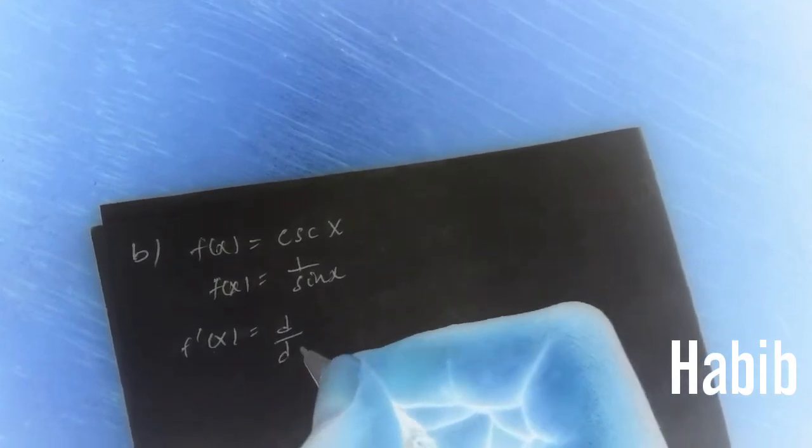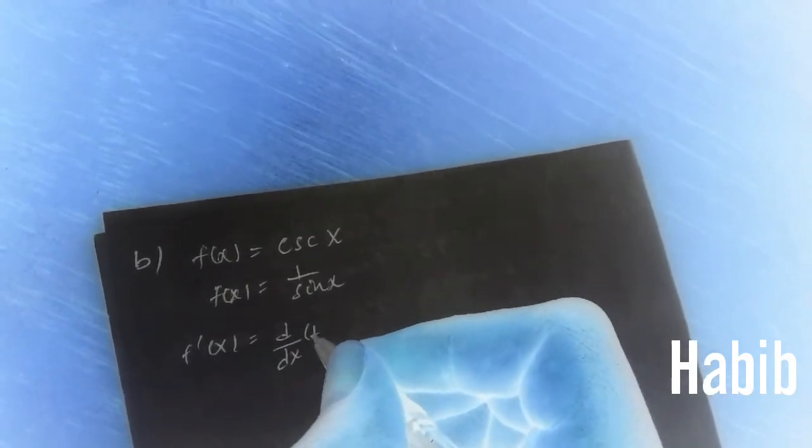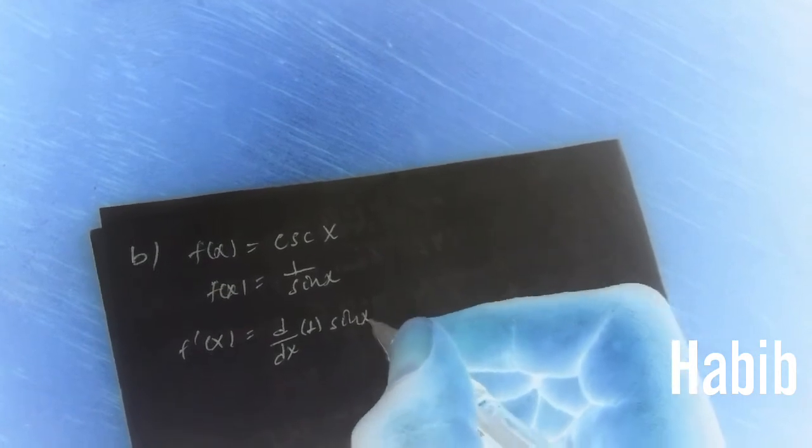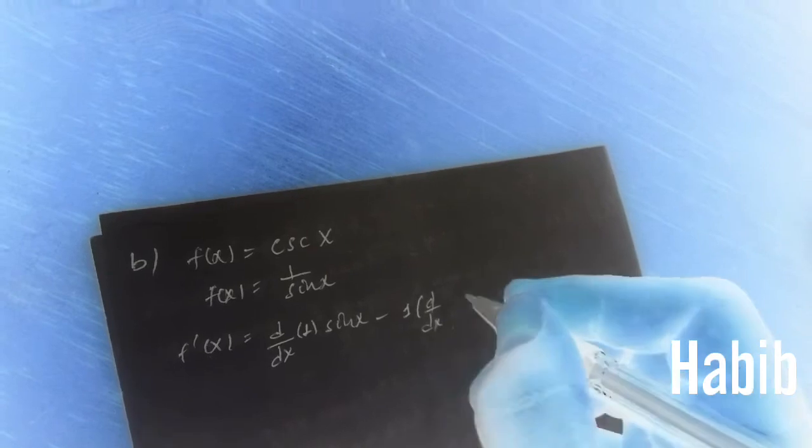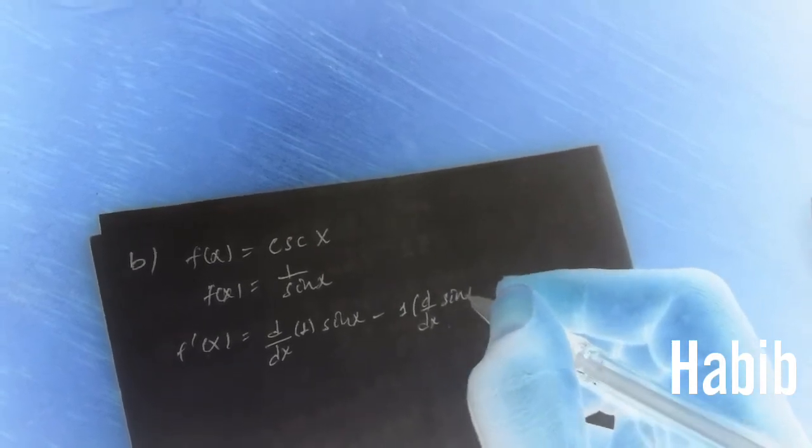Since we follow the quotient rule, f derivative at x is equal to d by dx of the numerator 1 times sin x, the denominator, minus 1 times the derivative of the denominator, d by dx of sin x, the whole over the denominator the whole square, sin x the whole square.